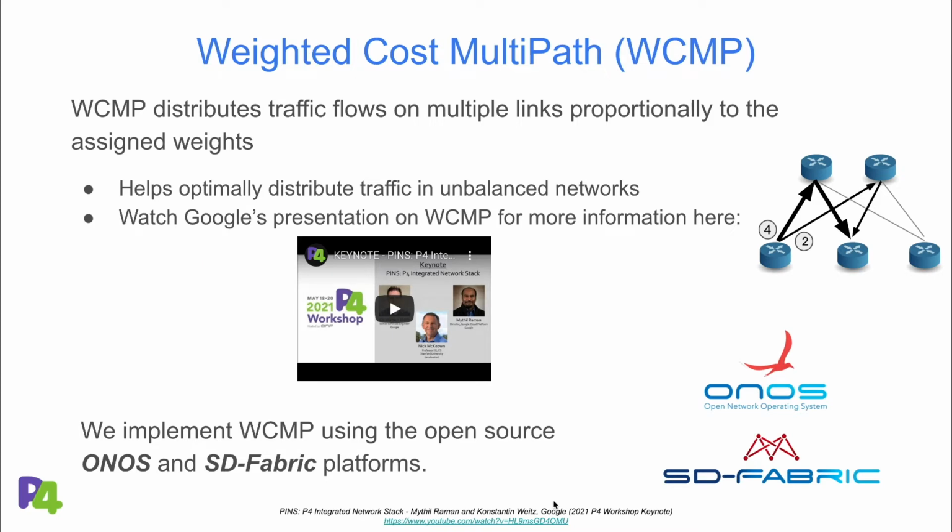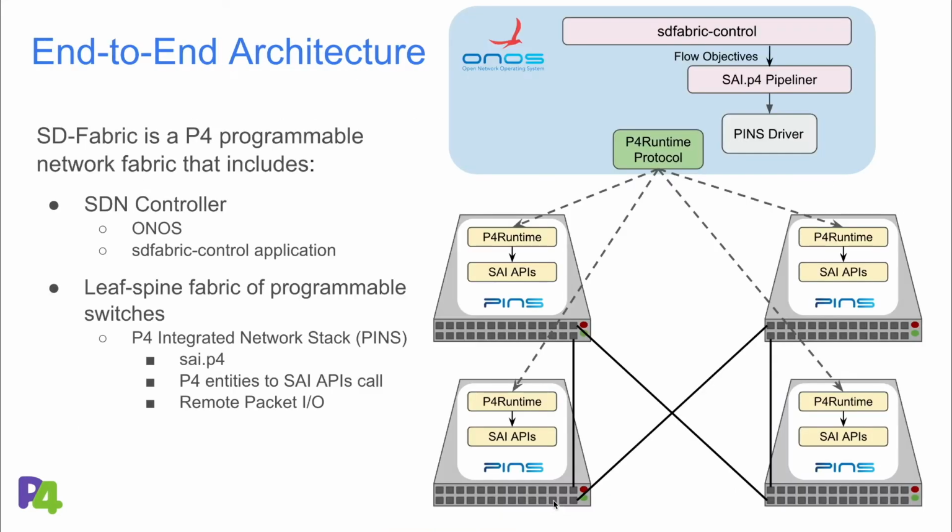In this work, we implement WCMP using the open source ONOS and SD-Fabric platforms. SD-Fabric is a P4 programmable network fabric that includes ONOS as the SDN controller, running several applications, including the SD-Fabric control application, and a leaf-spine fabric of programmable switches that in our case are running PINS.